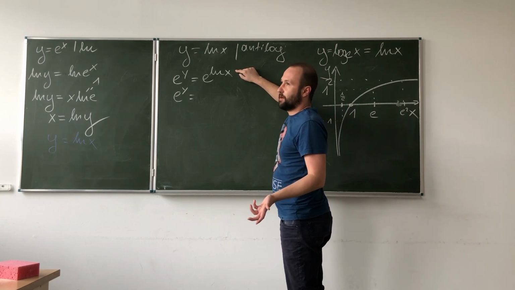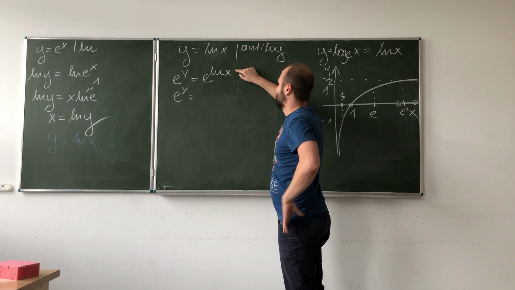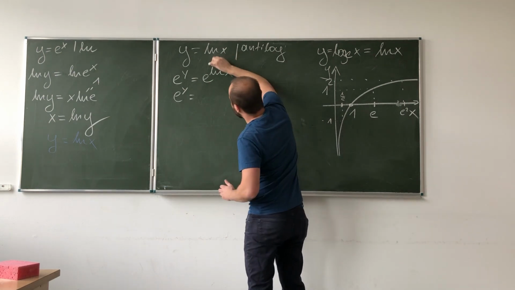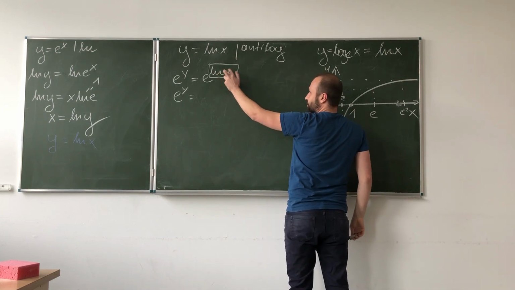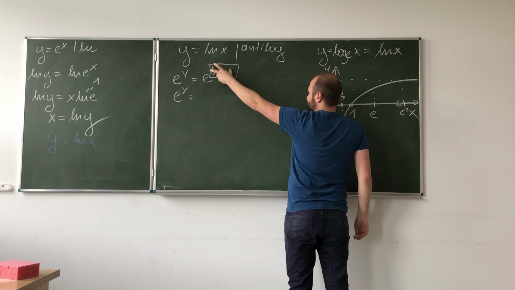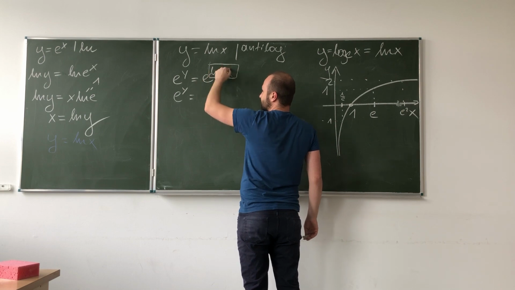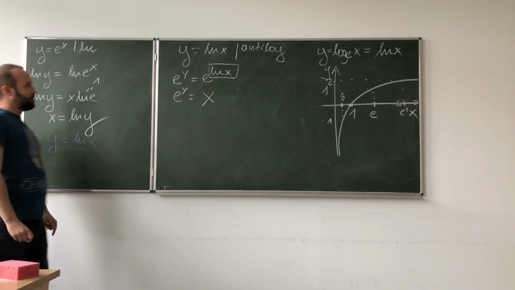Well, I don't know this power. There is some power, but remember, this is telling us to which power I need to take e in order to get x. So the result of it should be a power that will transform e into x, which means that we are here.